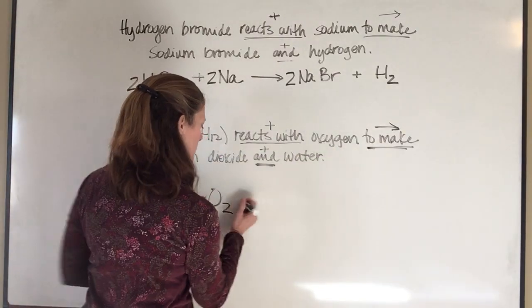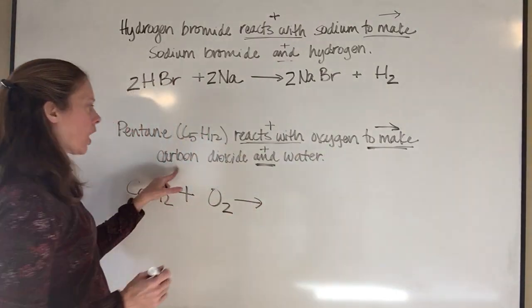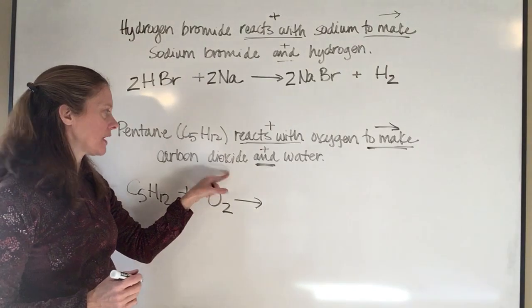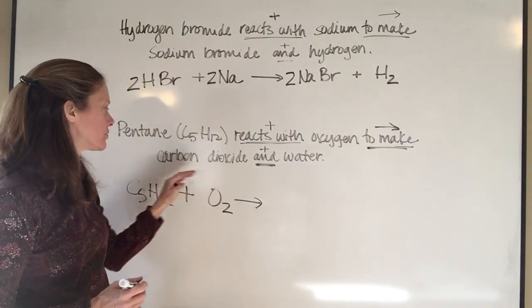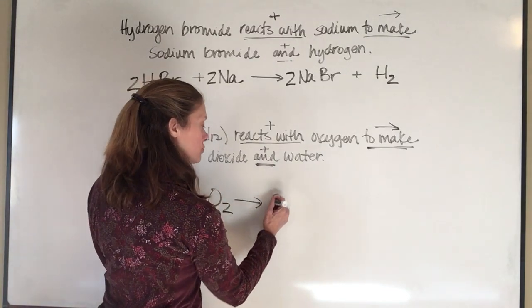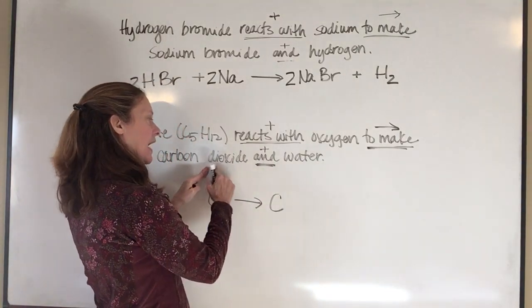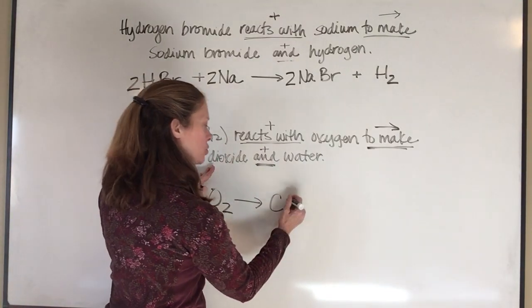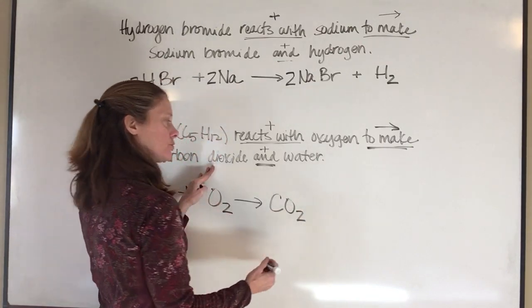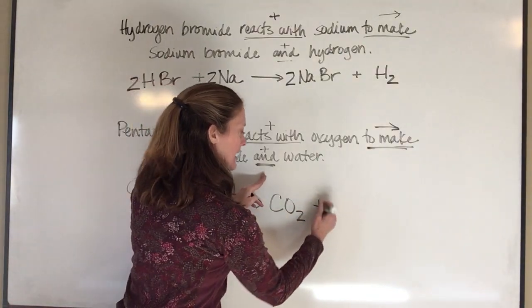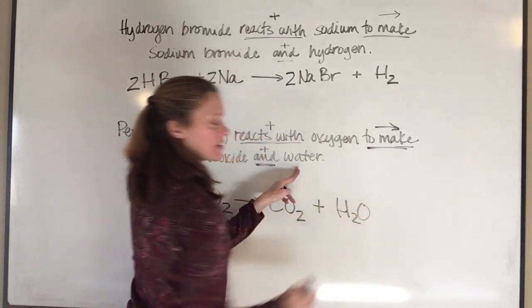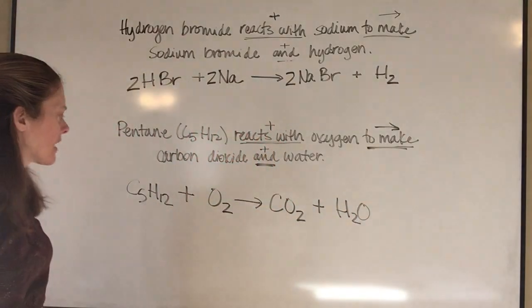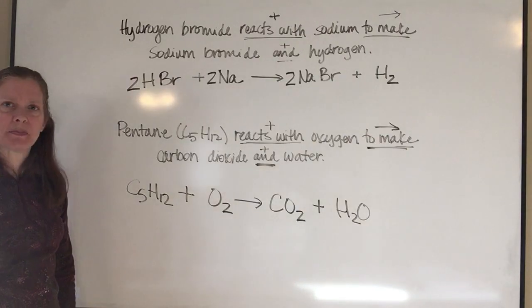To make carbon dioxide, okay, that's made up of two nonmetals, so it's going to be carbon, just one carbon, dioxide, di means two, so it's going to be CO2, and water, and hopefully you know by now that water is H2O, all right? So let's see if I can get this balanced here.